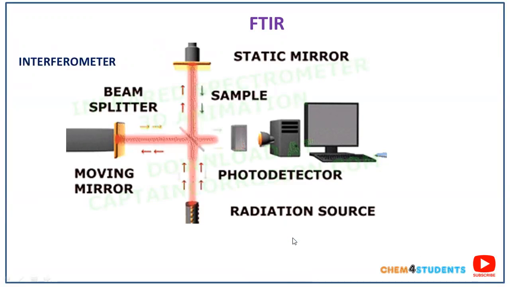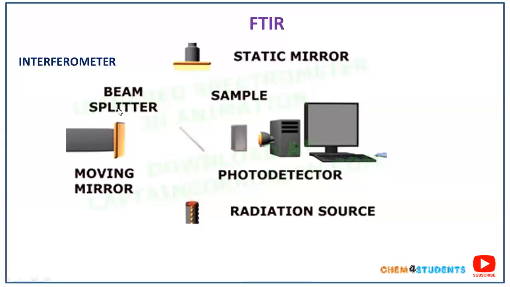And then the second one is called interferometer. Due to the presence of the interferometer, FTIR is more efficient than dispersive IR. Why? Because this interferometer provides all types of frequencies. This interferometer has three important components: moving mirror, static mirror, and the beam splitter.